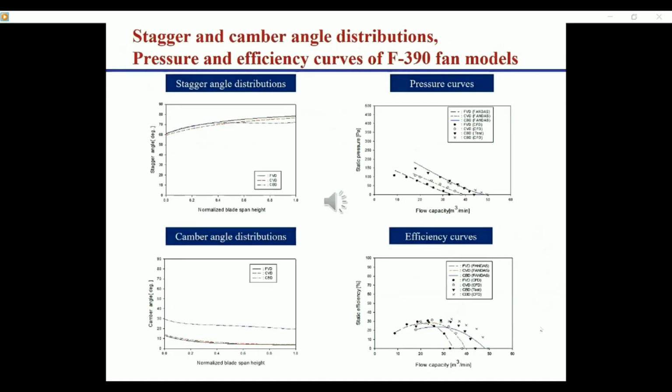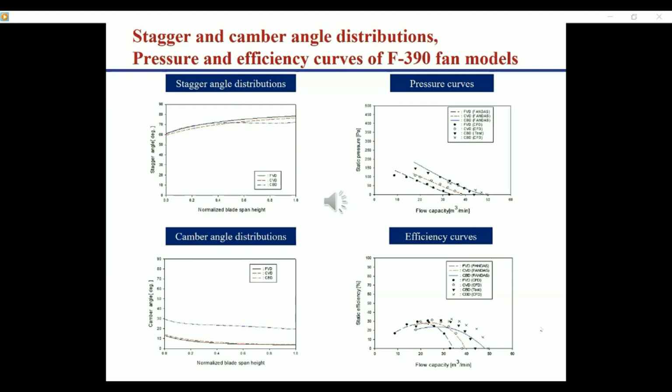You can see the stagger and camber angle distribution designed by the FVD, CVD, and CVD methods. The camber angle of the CVD is higher than the FVD and the CVD. The stagger angle in the tip region of the CVD is somewhat lower than the FVD and the CVD.